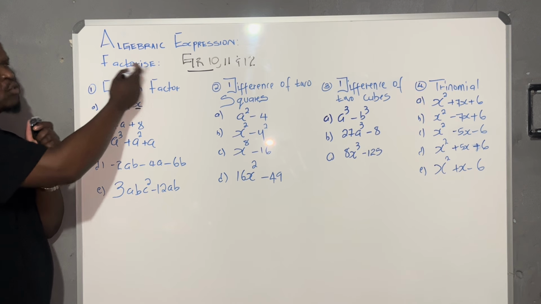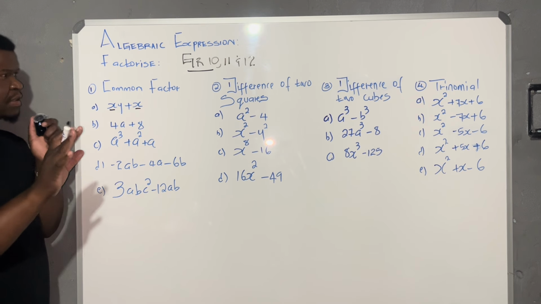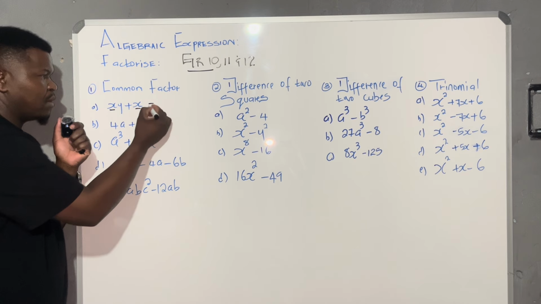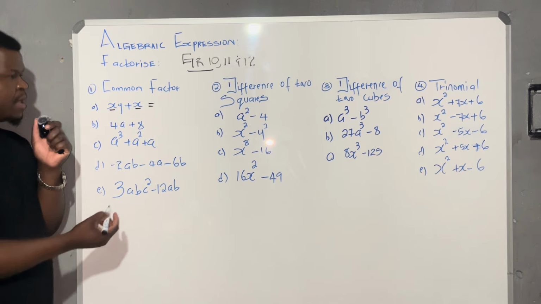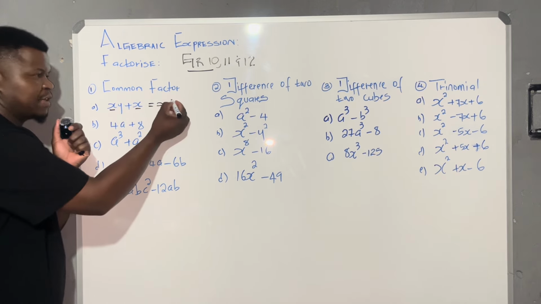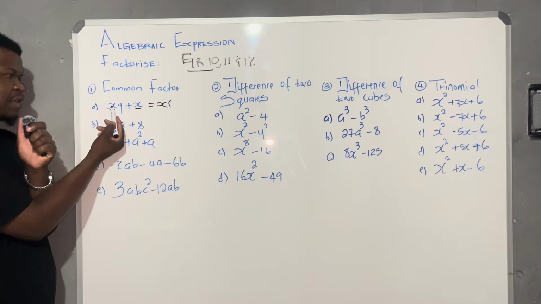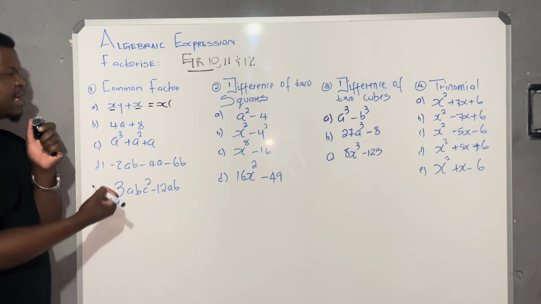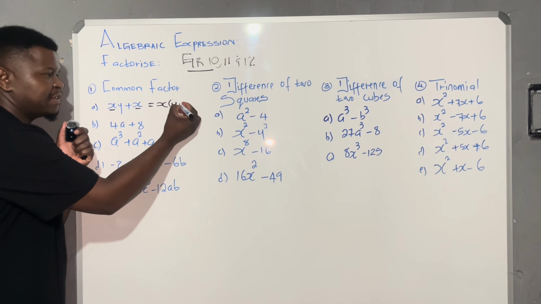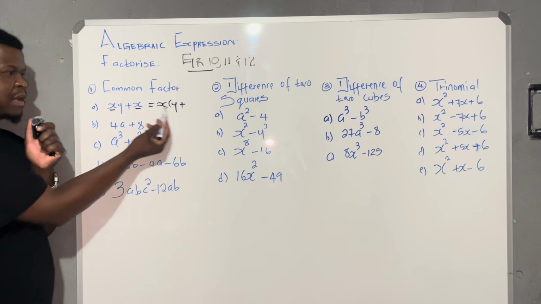Remember, they'll just tell you to factorize. No further details, just factorize. So now I'll just say equals to. When I take out x outside, I have to indicate on the first term, if I remove this x, what is it that is remaining? So it's only y that is left. Then there is plus.